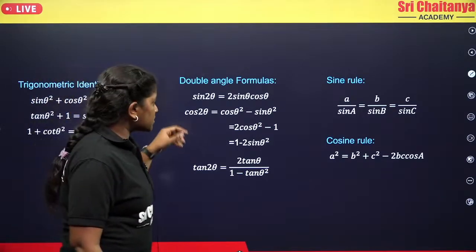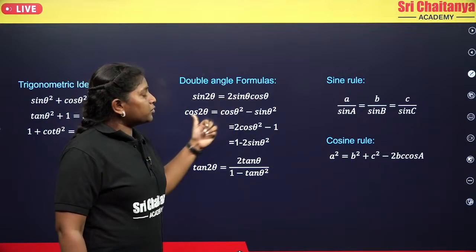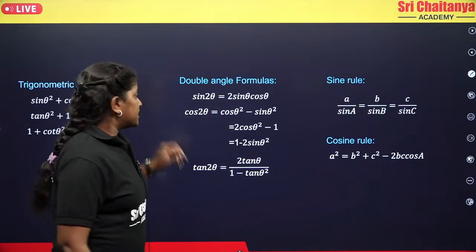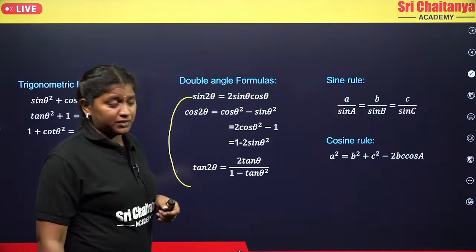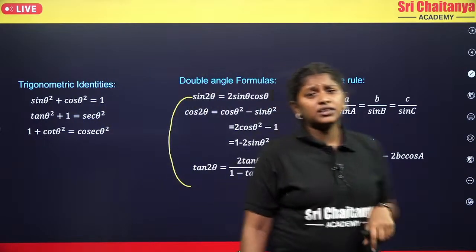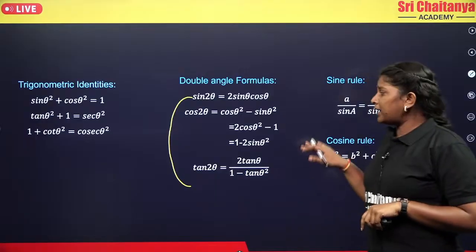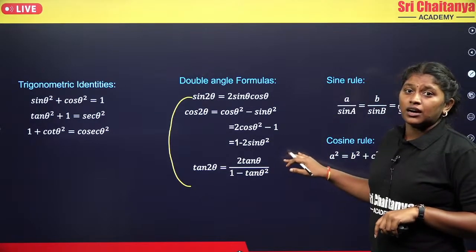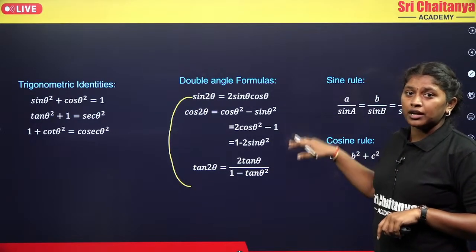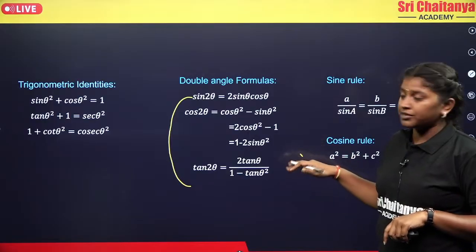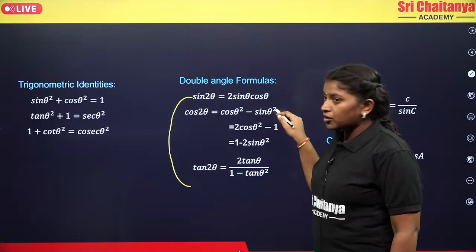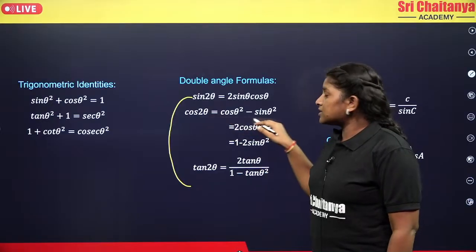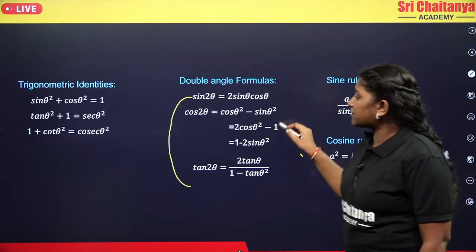Now moving to the next one, sin 2 theta will become 2 sin theta cos theta. These are nothing but the double angles in trigonometry. Why are we discussing this? Because for some of the questions we are going to take the help of double angles and half angles. If you observe here, sin 2 theta is given by 2 sin theta cos theta, and cos 2 theta is given by cos square theta minus sin square theta.